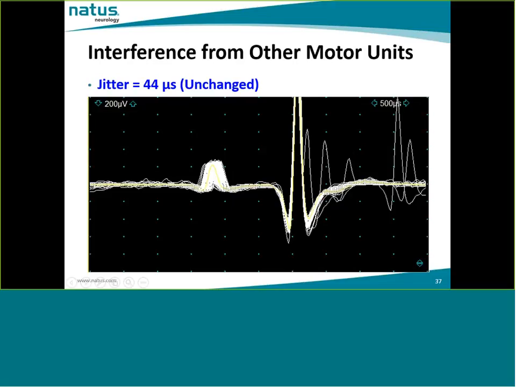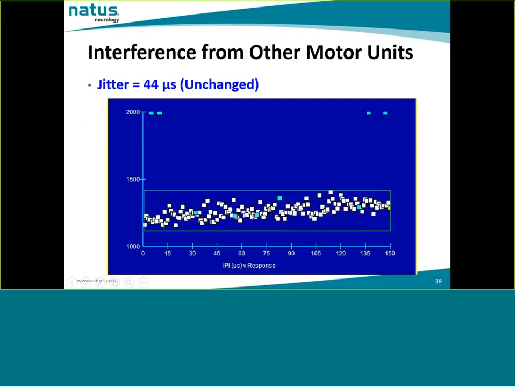And in this case, the jitter was not significantly changed when I removed the interference from the other motor units. When we look at the sequential interpotential interval plot, the blue squares indicate the values that were removed. And since they are scattered all over here, the jitter did not change upon removing the interference.